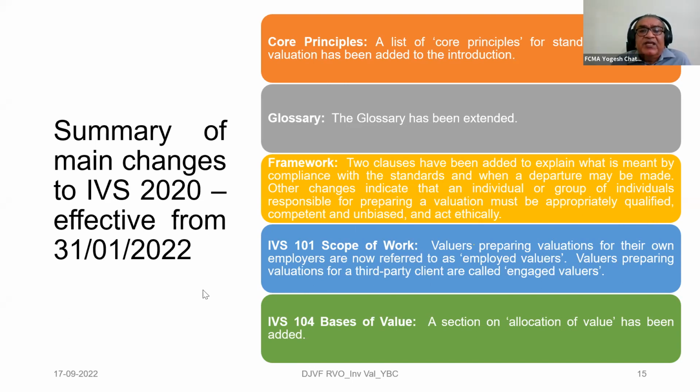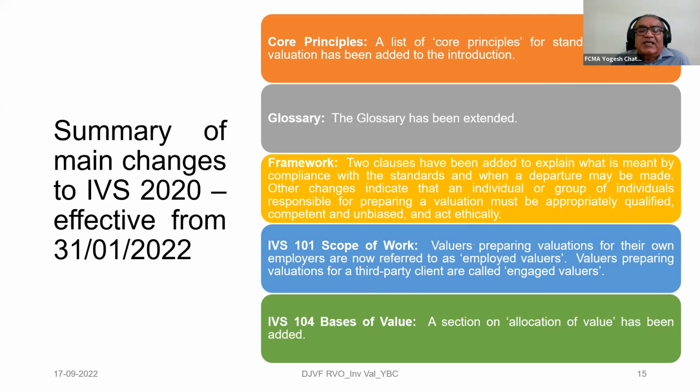Now IVS 101. As we are all aware, under IVS there are two types of valuation standards. One is the general standards and another is the asset standards. The general standards are IVS 101 to 105, so there are 5 general standards which are applicable to all types of valuation, and there are 8 asset standards.